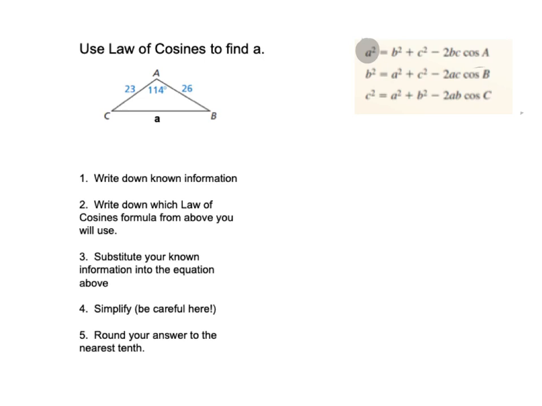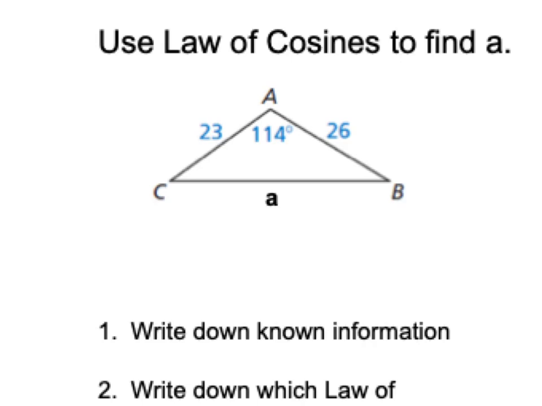So I know, based on my diagram, I'm going to zoom in here, the side length is always across from the angle. So for instance, angle A and side A, those are across from each other or opposite of each other. Angle B and side B are across from each other.